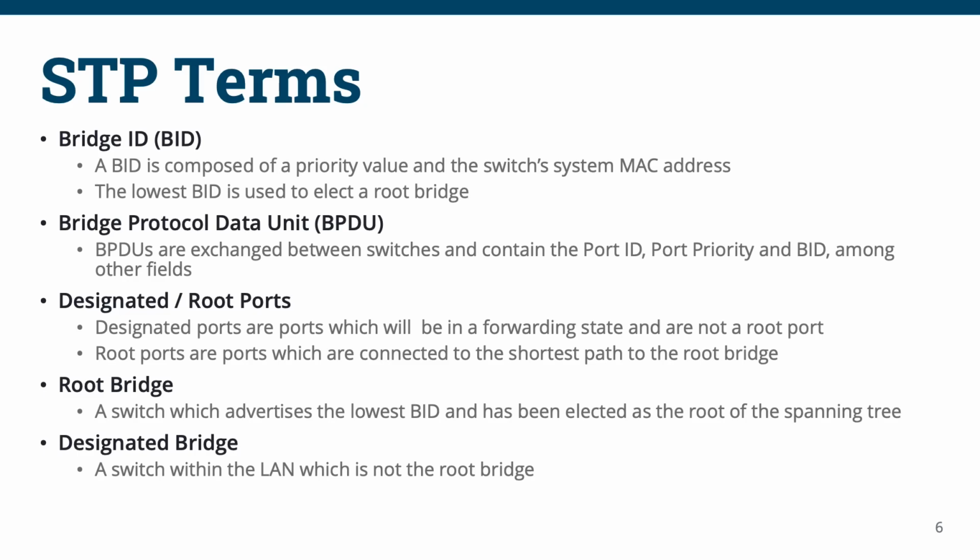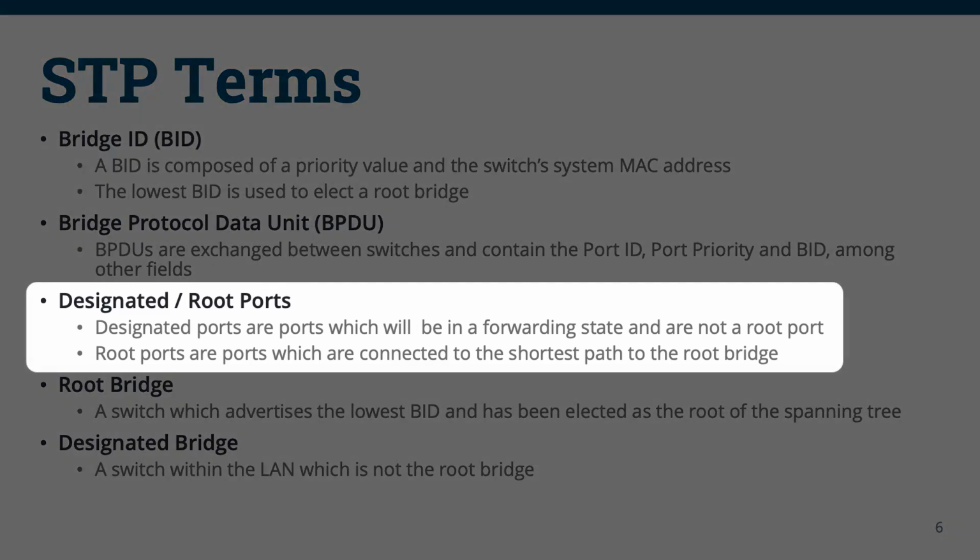The next term we'll want to be aware of is the port roles of designated ports and root ports. The root port is one which, in a converged STP topology, is in a forwarding state and is the lowest cost path between the local switch and the root bridge. A designated port is one which is in a forwarding state and is not a root port.